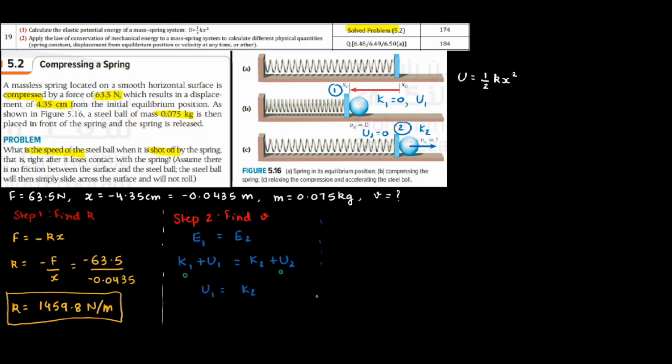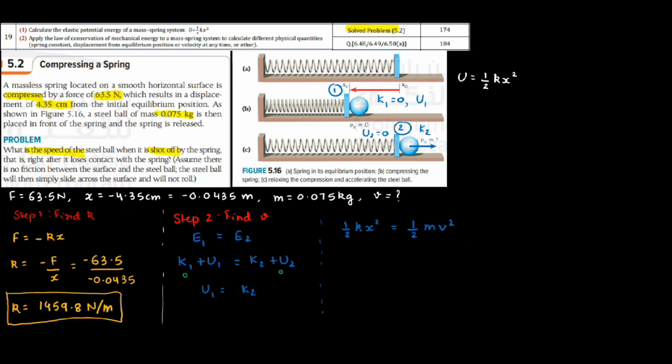Now put their values. We know potential energy of the spring is half kx squared. So we write U1 as half kx squared equals kinetic energy is given as half mv squared.